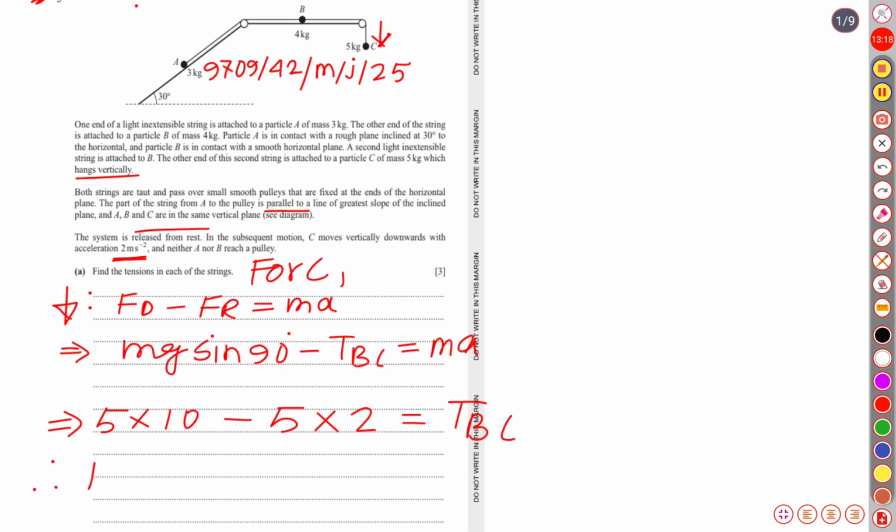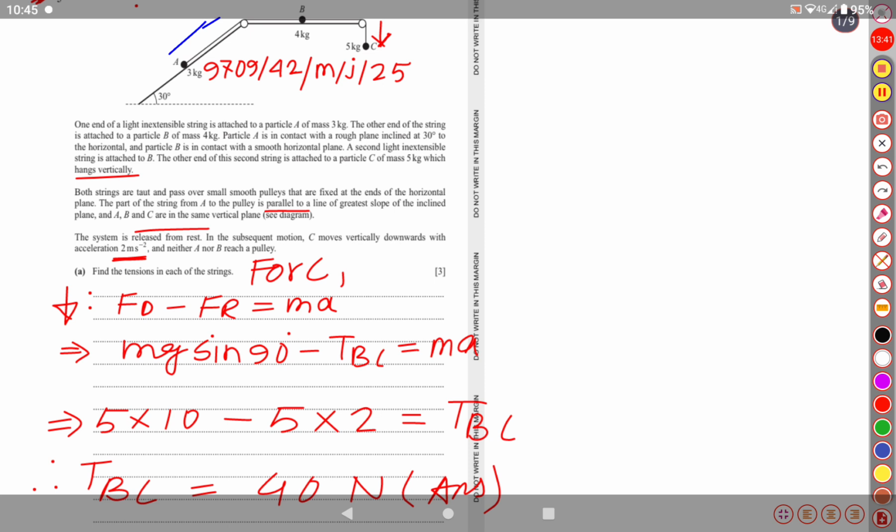Hence, tension in the string BC is going to be 50 minus 10, which means 40 Newton. So that is one of the answers. Now we will find the tension force in the string AB. Okay, this one.